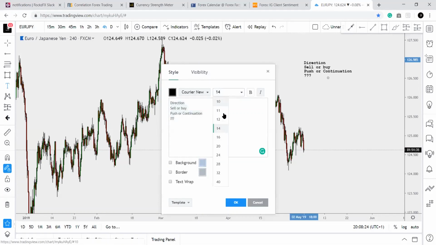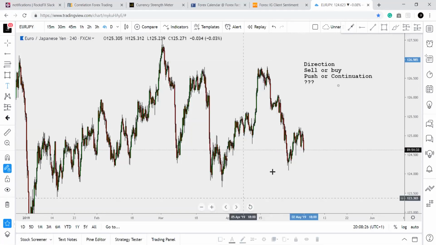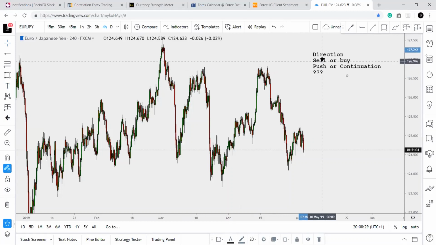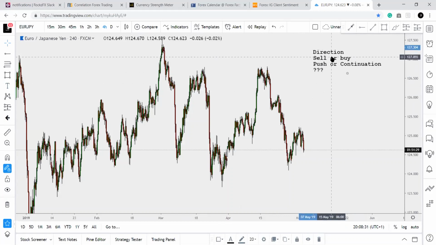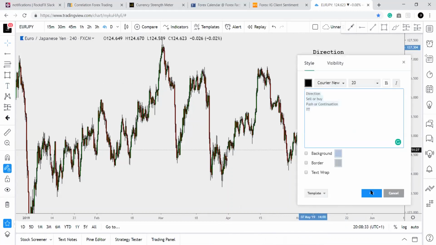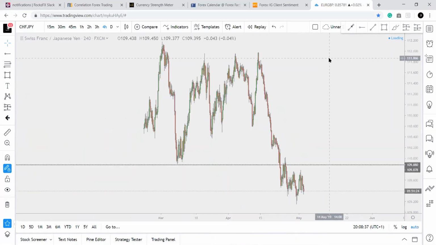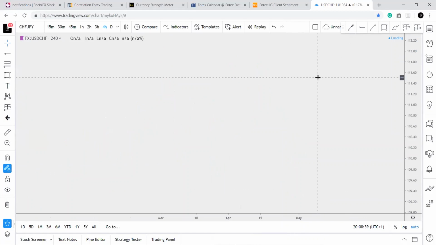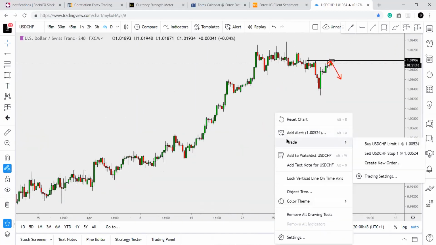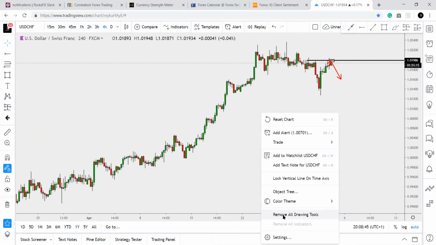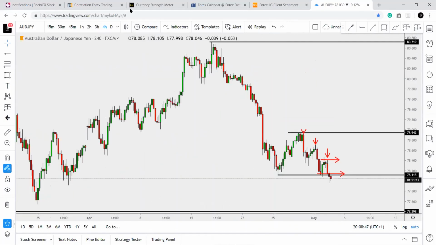Okay, let's go. So the first person that would like to do it, let's go to a different pair because this one's got boring. Most of my charts are drawn.